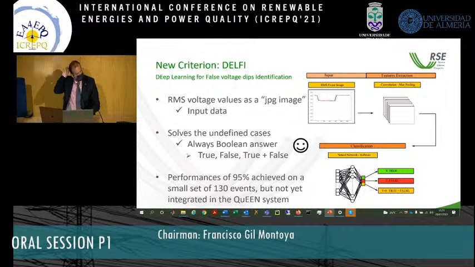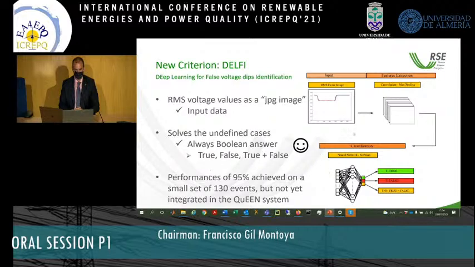This classifier always gives us a Boolean answer, so we have true or false, and it is also capable of catching true plus false events, where the first part of the event is a true voltage dip and at the end a false voltage dip. We tested and trained this criterion on a small set of data, and we reached a performance of 95% on a small set of events.